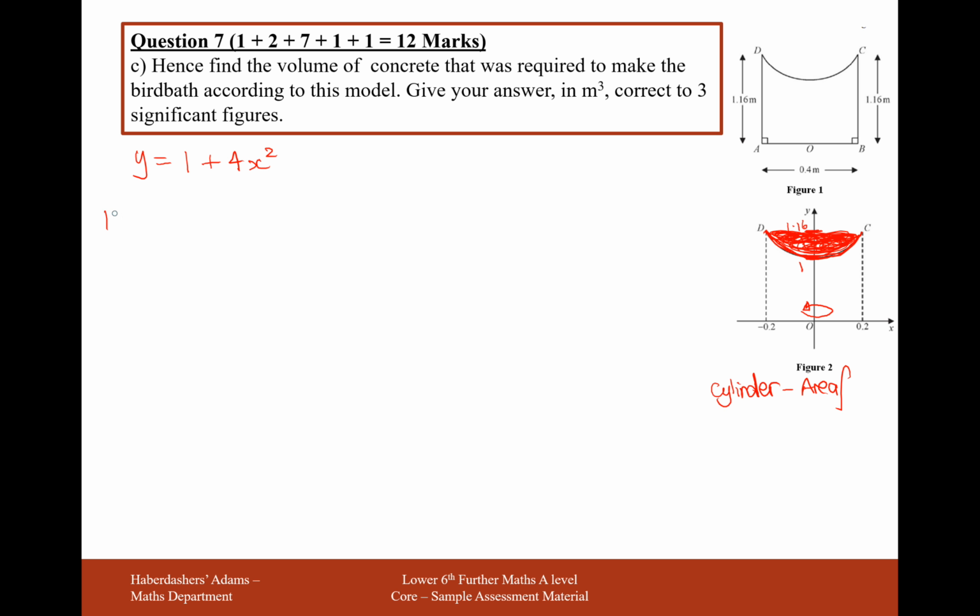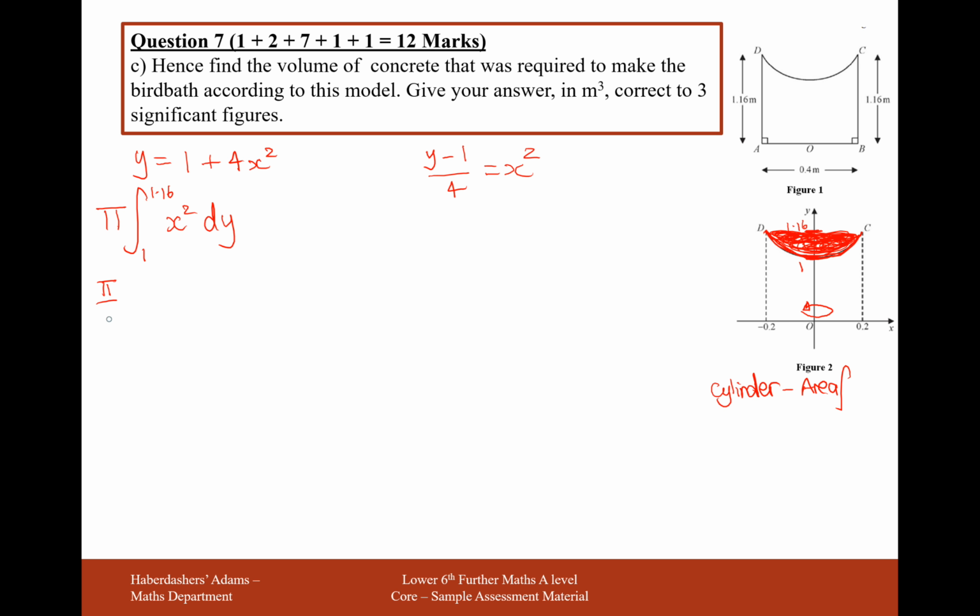The formula that we're going to use for this is pi times the integral from 1 up to 1.16 of x squared dy. So that's the formula that we use for revolutions around the y-axis. In this case here, it's going to be y minus 1 over 4 equals x squared. So that's what we're going to be integrating.